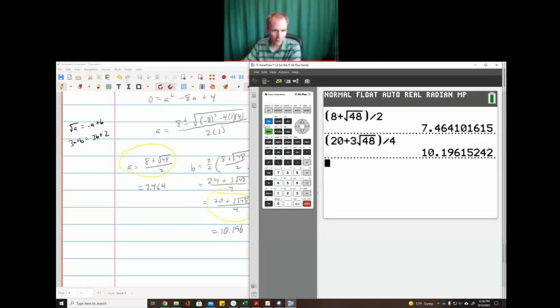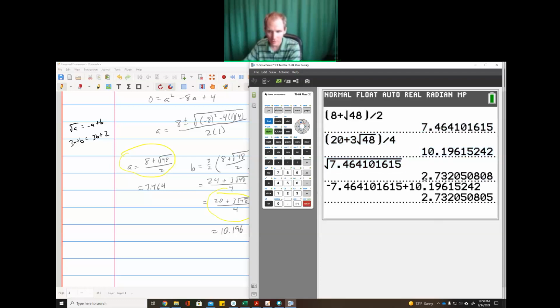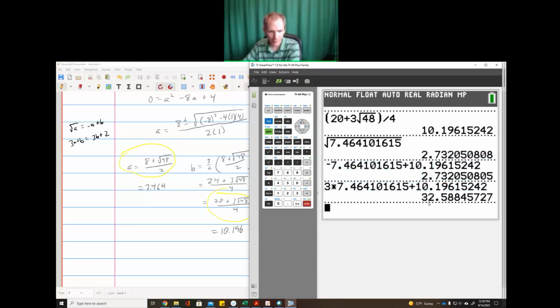So I'm going to just check that on my calculator. Here's the square root of a. Now I'm going to look at the opposite of a, plus b. And I say, all right, that matches up. That first one checks. Now I look at the second one. We take 3 times a plus b, and you get a number.